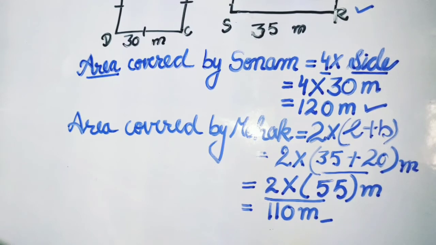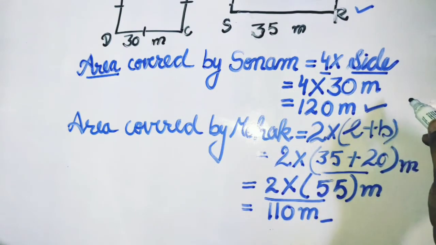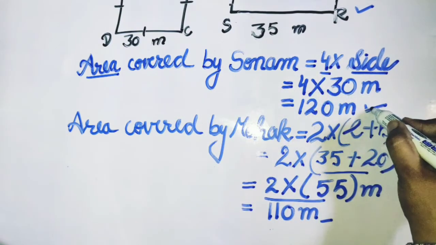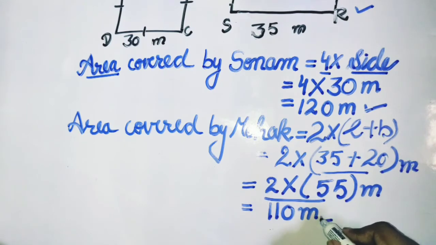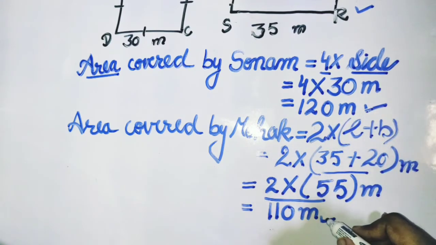Now the question is asking us who covers more distance and by how much? Yes students, we can recognize easily that Sonam covered more distance. Why? Because she covered 120 meter and Mehak covered 110. So the distance covered by Sonam is more as compared to Mehak. One more question. Now the question is saying how much more is covered by Sonam.